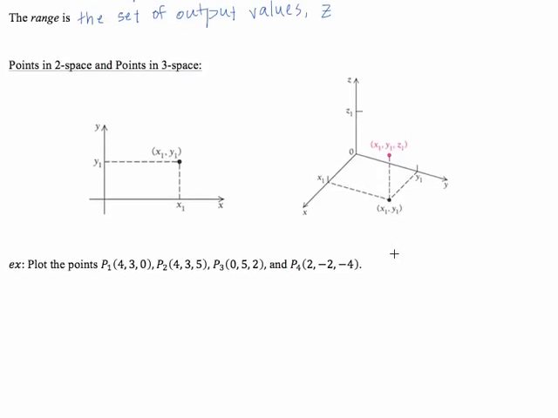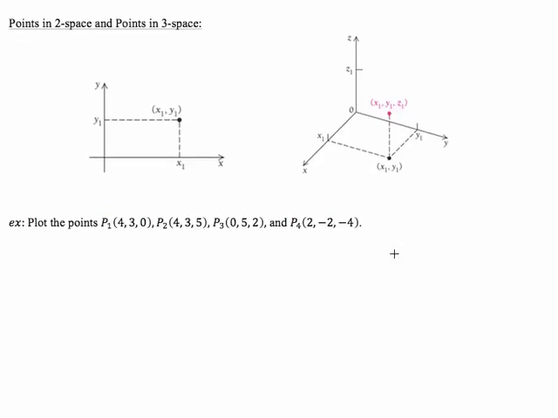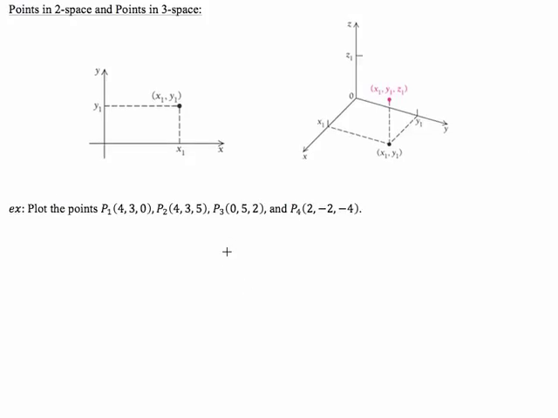Although we're not going to really be plotting points much, this is just to get a basic understanding of the 3-dimensional axes. We're going to plot these 4 points. So we're going to start by sketching the axes.